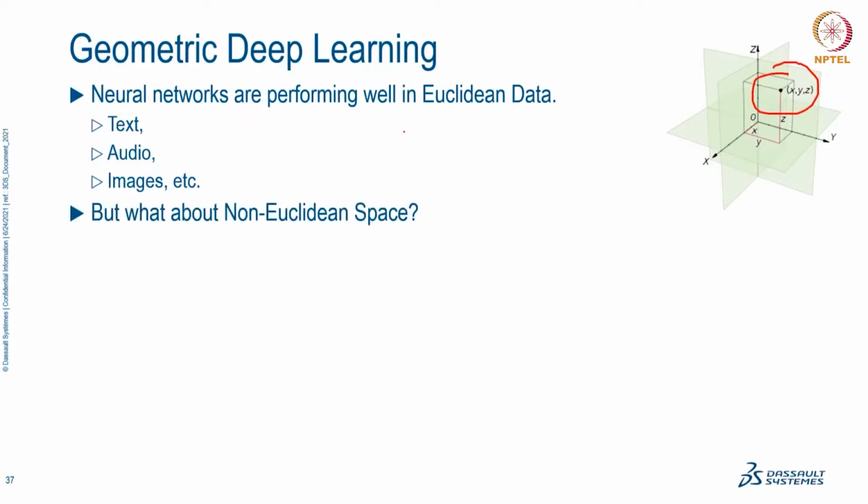But what about non-Euclidean data? Does any of you have an idea what non-Euclidean data is, or what type of data this geometric deep learning depends on? One is fairly simple. We are already discussing it.